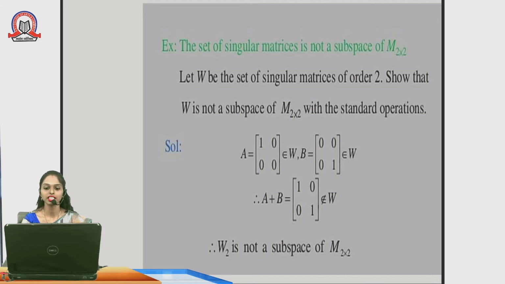We take A equal to the 2 cross 2 matrix [1 0; 0 0], which belongs to W, and B equal to [0 0; 0 1], which belongs to W. These are singular matrices A and B. Then the addition of these two matrices, A plus B, gives the identity matrix [1 0; 0 1], which does not belong to W. Therefore, W is not a subspace of 2 cross 2 matrices.